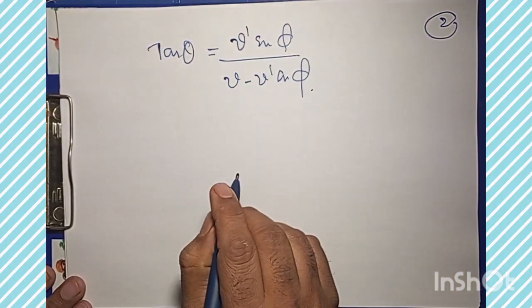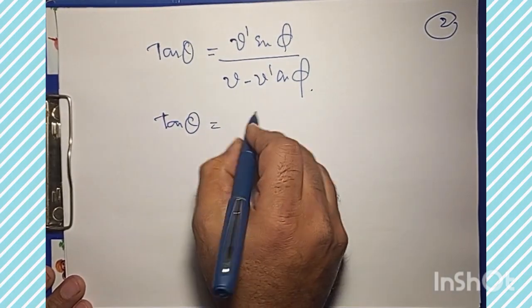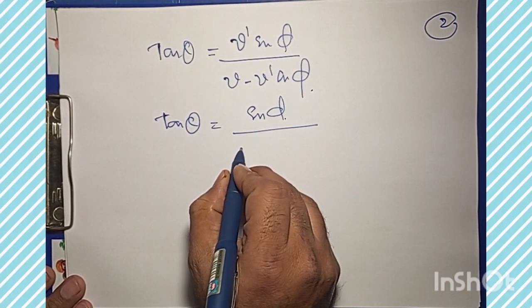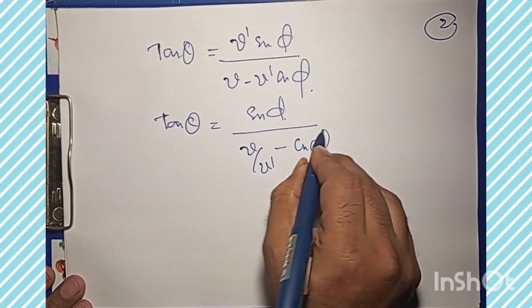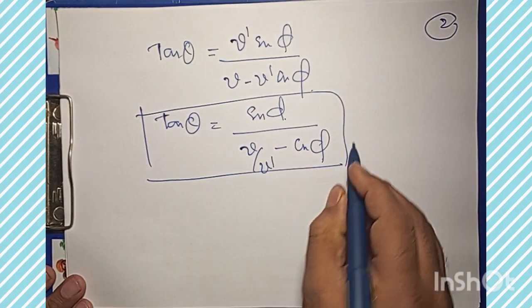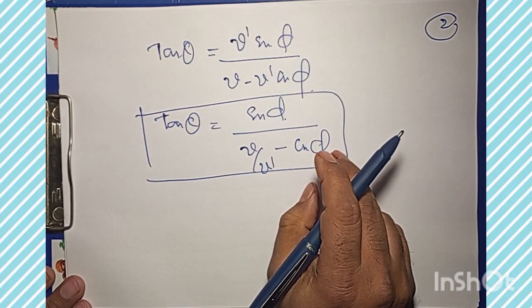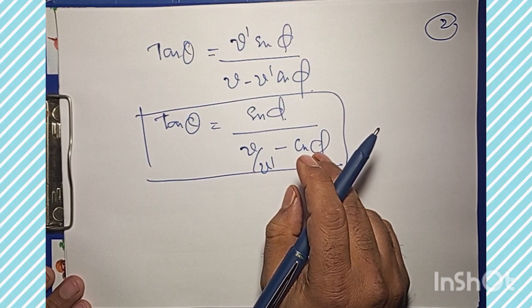All right, and I can write it like this. If I write tan theta is sine phi divided by (nu by nu dash minus cos phi). So what I did here is I have divided numerator and denominator by nu dash, and with this I have come up with this equation.